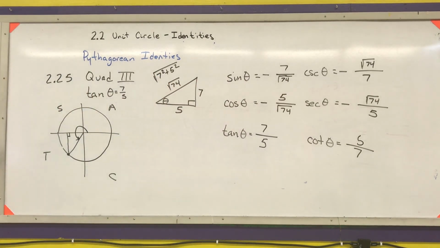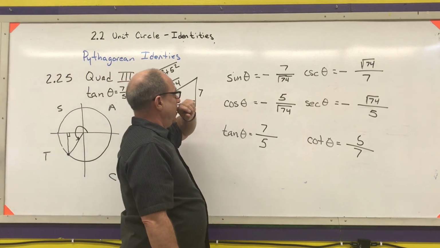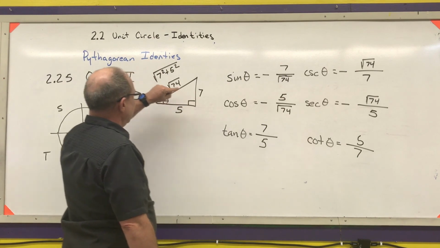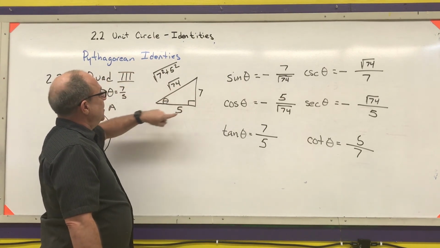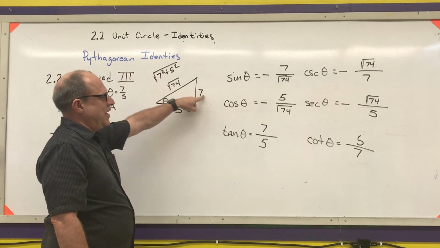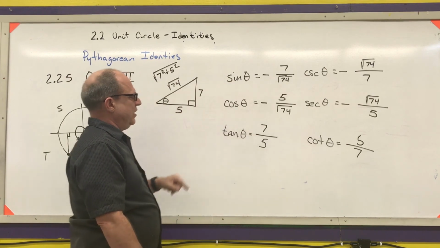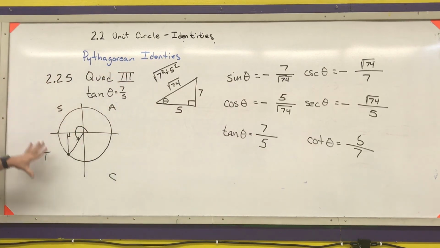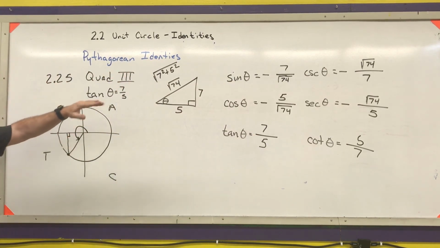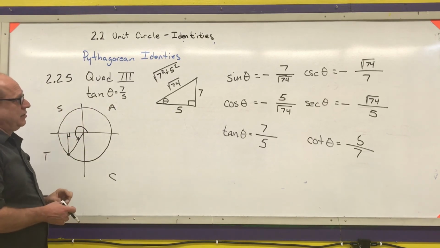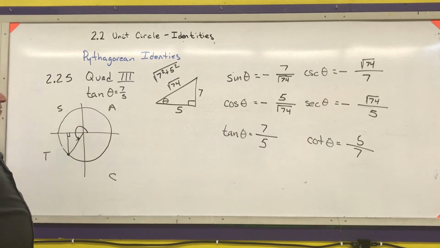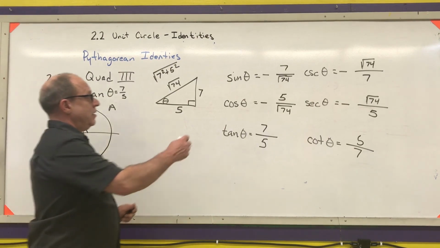Now, one thing I want to warn you about is I'm not using the unit circle, but I'm using the Pythagorean theorem to come up with these, but you do need to understand the relationship from the unit circle to get the correct signs on these. If I wanted to know where these points were on the unit circle, well, it's easy.